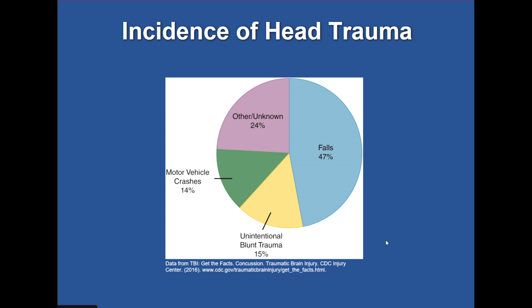So what causes head trauma? Motor vehicle crashes are a big part of it. Unintentional blunt trauma. So, whacking your head up against something, running into something, having a door opened into your head, or something along those lines. Cabinet doors, you see this a lot with that.